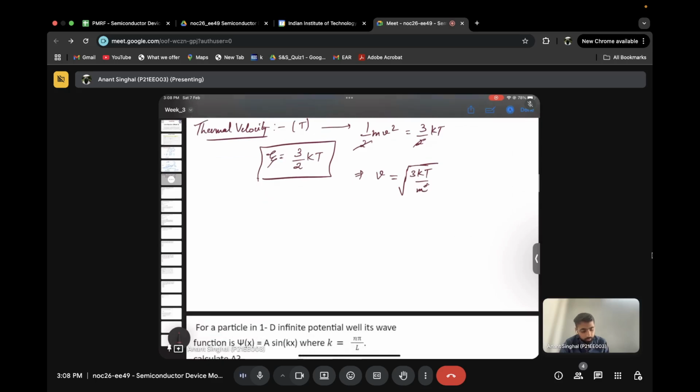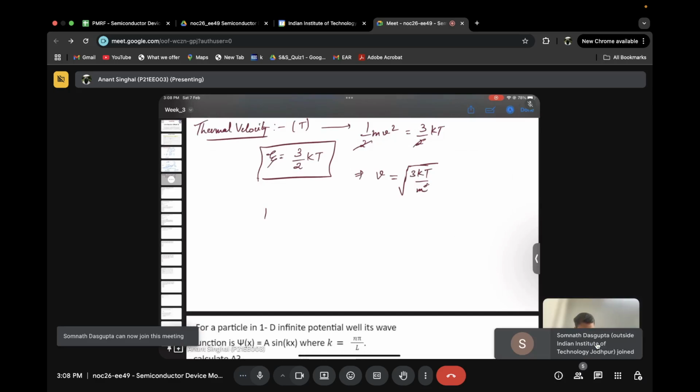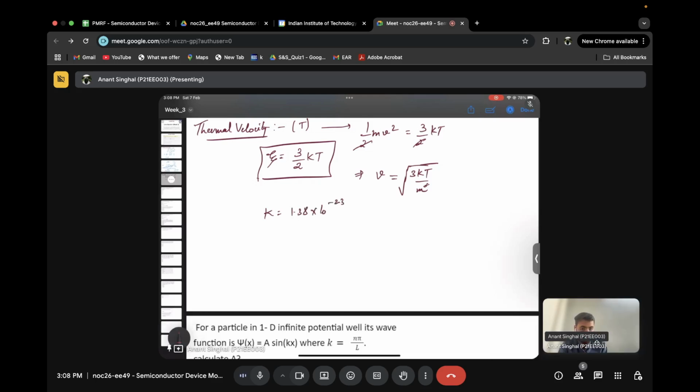So we have all those values. We know k is the Boltzmann constant, which is 1.38 times 10 raised to minus 23 joule per Kelvin. Then we have the temperature, say 300 Kelvin as of now, and the mass, for example, on the order of 10 raised to minus 31 kg.